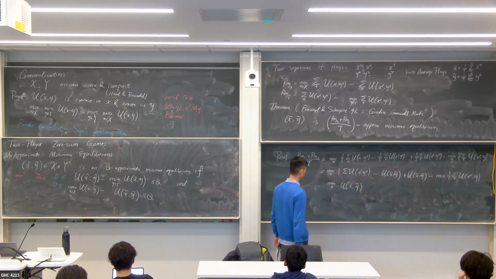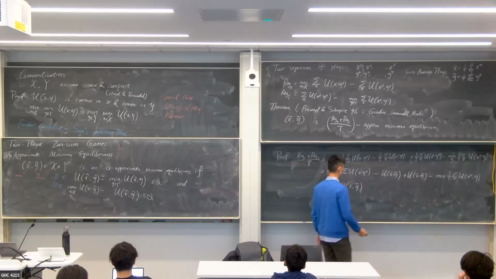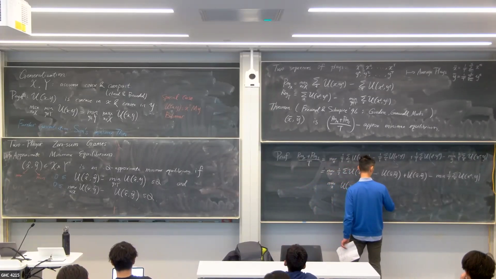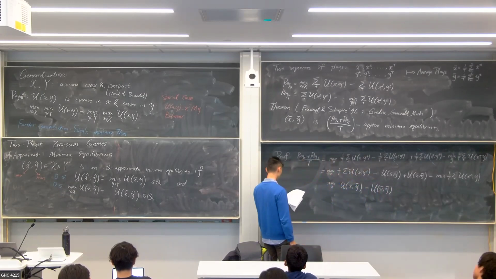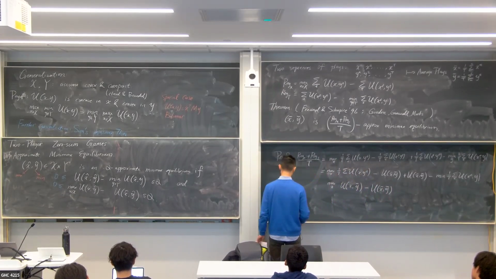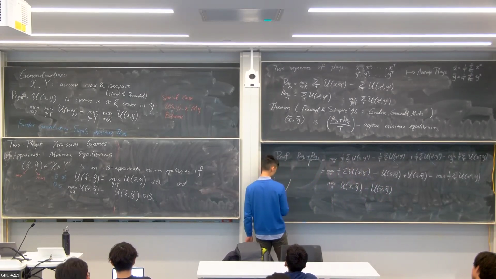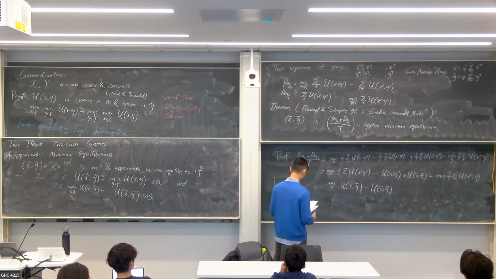Let's see. I wrote in the notes. So it's convex in y. If I take the average, the average is higher.